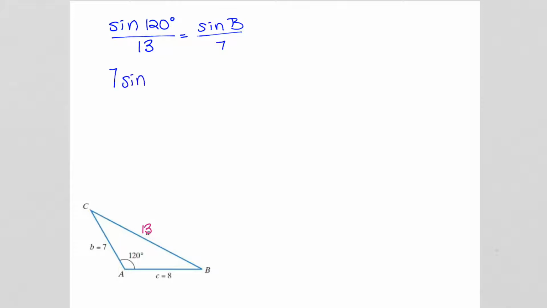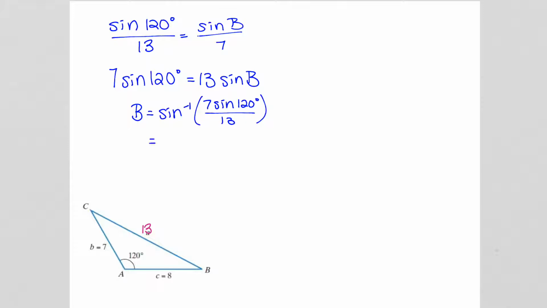Cross multiply, and then divide by 13, so B will be the inverse sine of 7 sine 120 divided by 13. And that is 28 degrees.